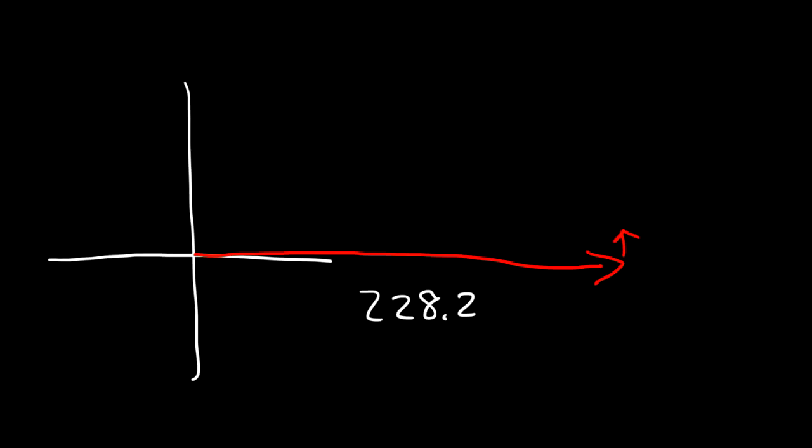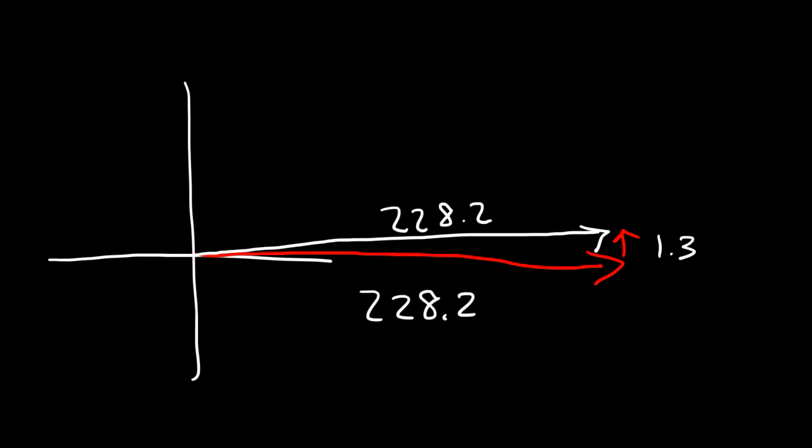So the x component was about 228.2. The y component was very small, maybe like 1.2 or 1.3. And as you can see, the resultant force vector is basically almost parallel to the x-axis. And so this angle is about 0.3 degrees if you want to draw everything.